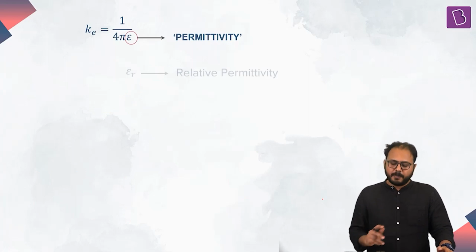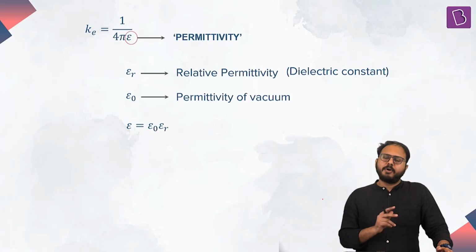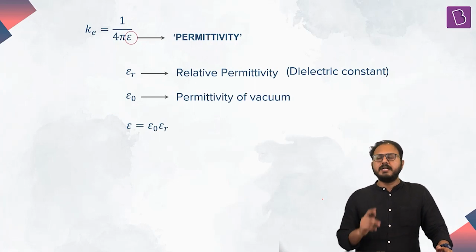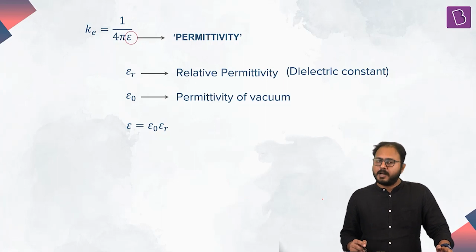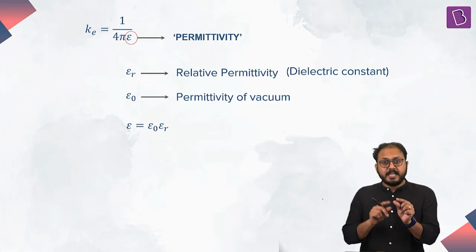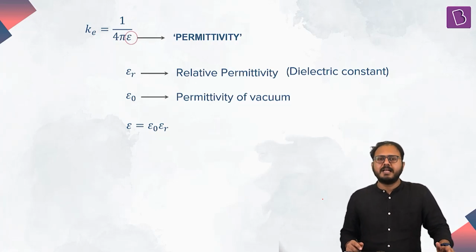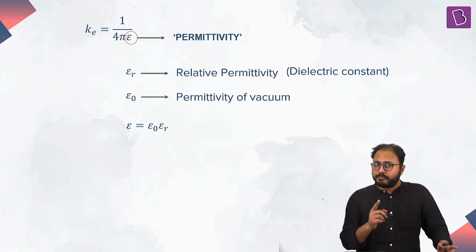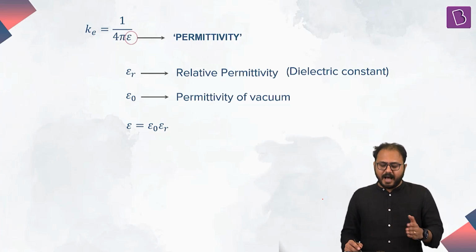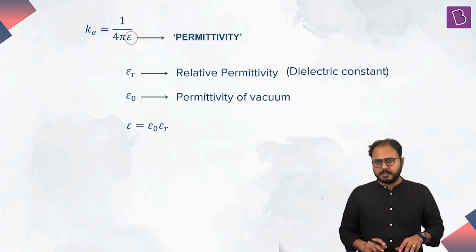And this permittivity of the medium is actually a product of two further numbers, epsilon naught and epsilon r. I'll repeat, K is 1 upon 4 pi epsilon. This epsilon is further a product of two numbers, epsilon naught and epsilon r. Epsilon naught is the permittivity of vacuum or free space, and epsilon r is relative permittivity or dielectric constant.